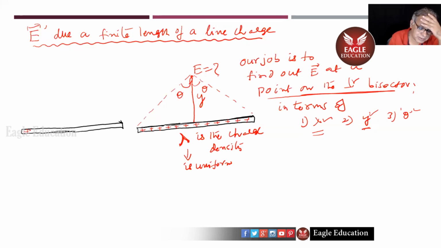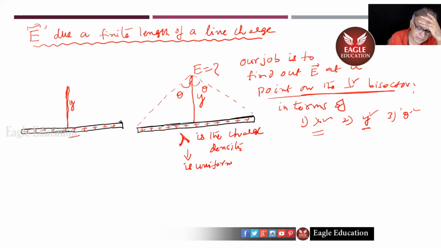So this is plus. Now at this distance y, on the perpendicular bisector, we would like to find out E. The method I told you already: we need to take a dq first. How do I take my dq?